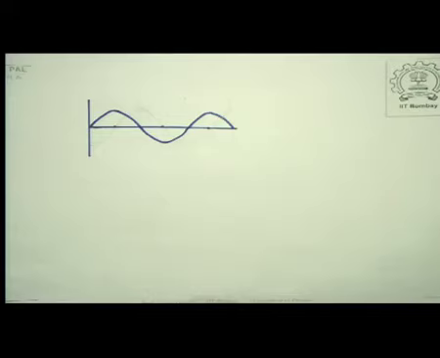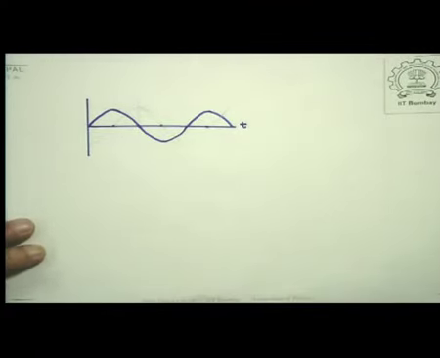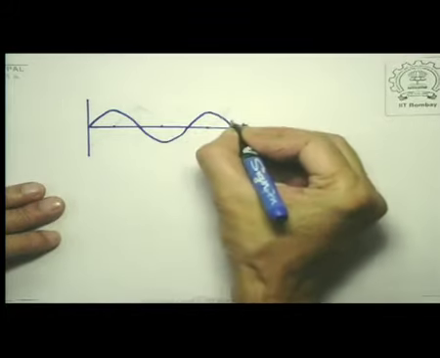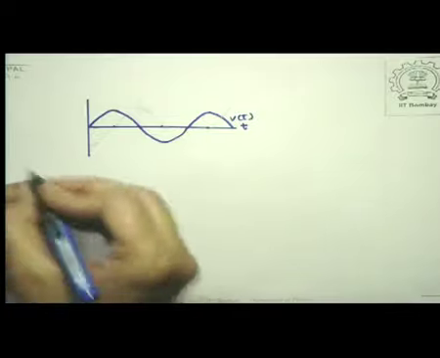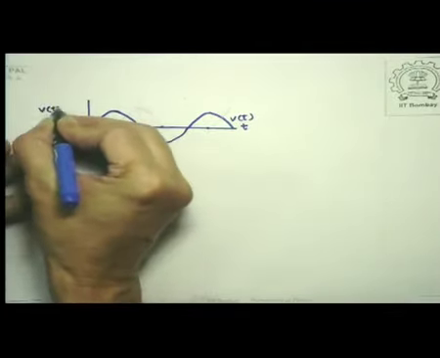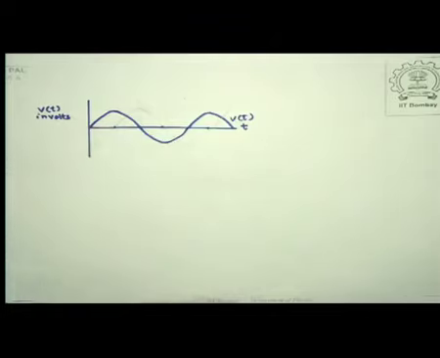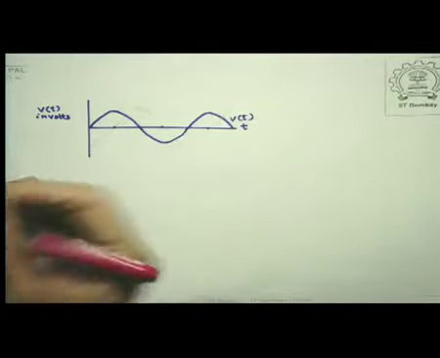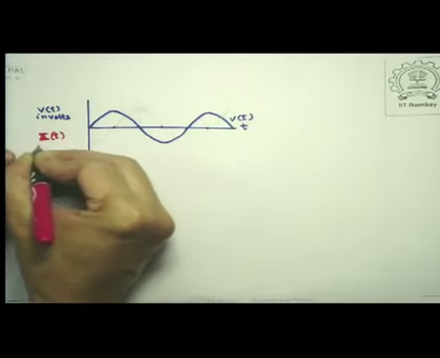The x-axis is time, and in the same plot I'll be plotting both the voltage and the current. This blue curve is my voltage V(t), which is obviously in volts. I will also plot now the current in the same plot, I(t) in amperes.